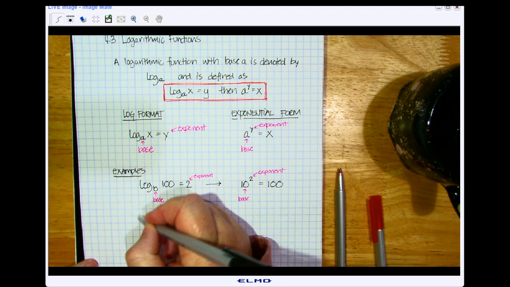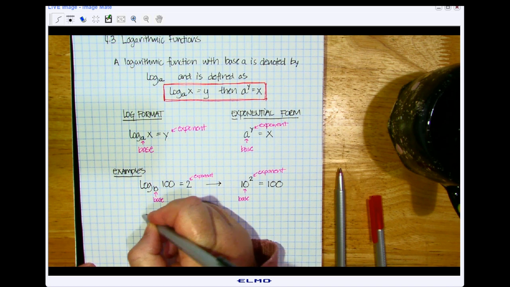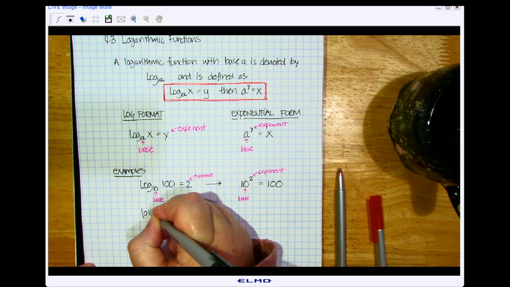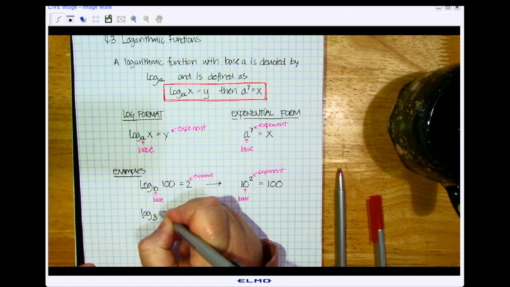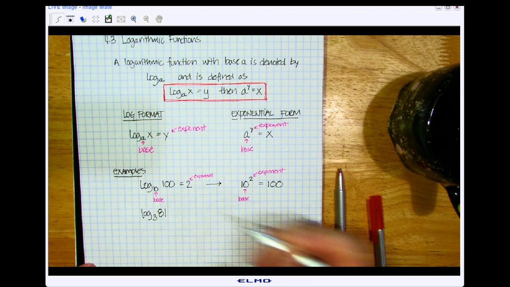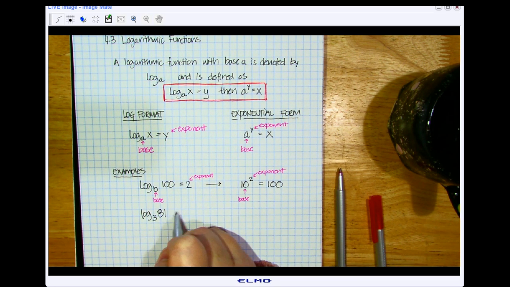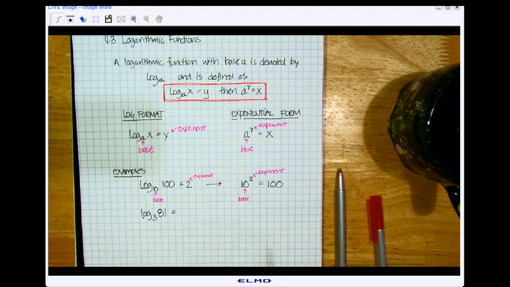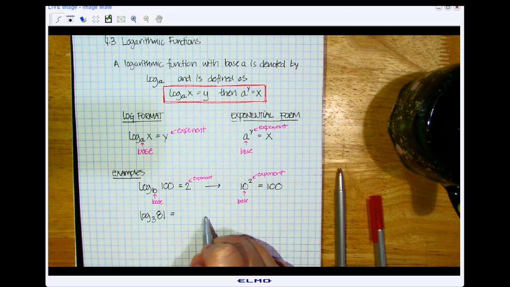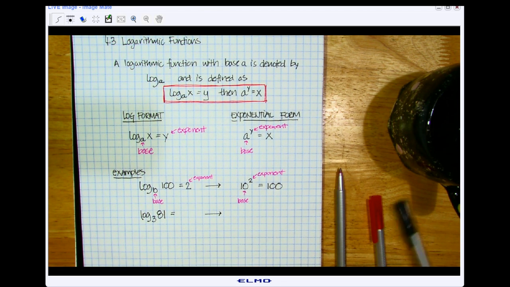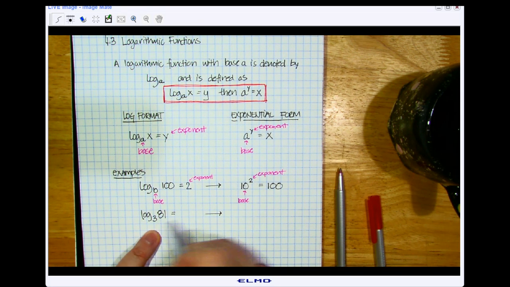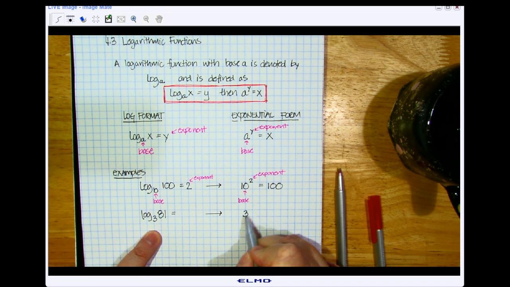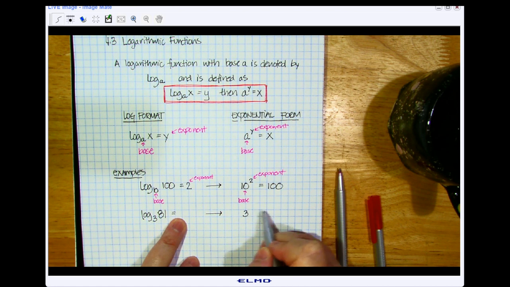All right. So let's see. If we have log base 3 of 81, this is saying that 3 to some power has to equal 81.